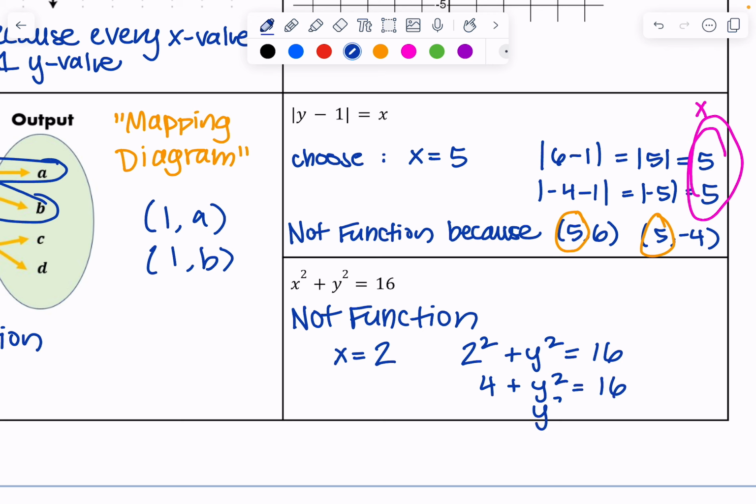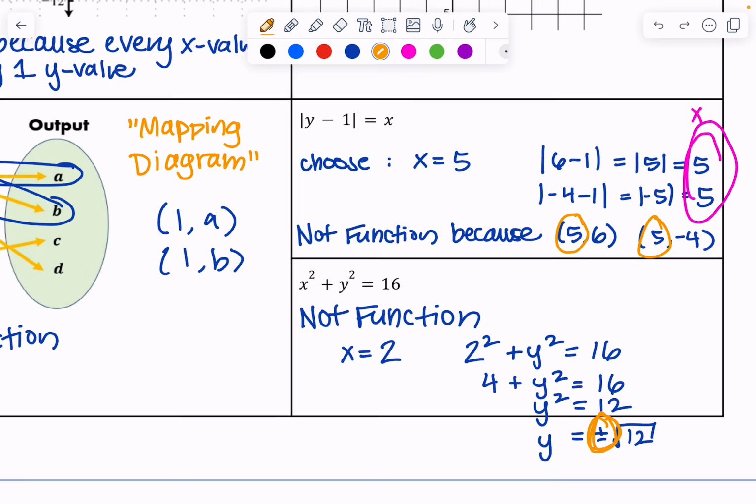And if I solve this, I'm going to have y squared is equal to 12, and y would be equal to plus or minus the square root of 12, which we could reduce and simplify, but either way we have this plus or minus here. So we have two different y values with x equals 2, so this would make this one not a function. And again, if you graphed it, it would make a circle.